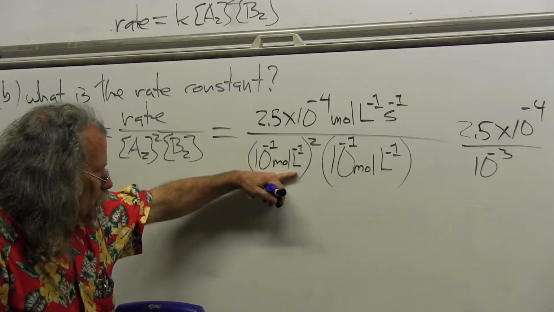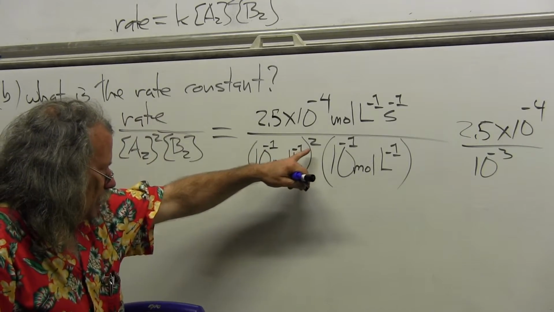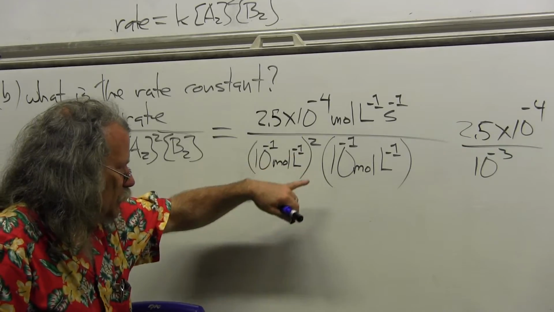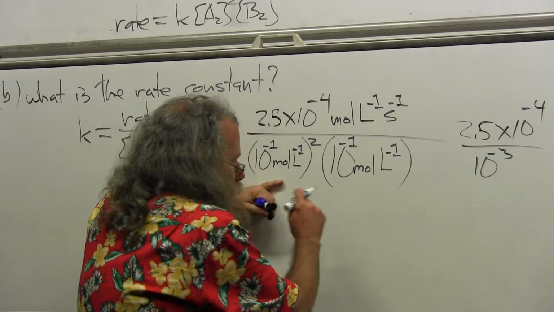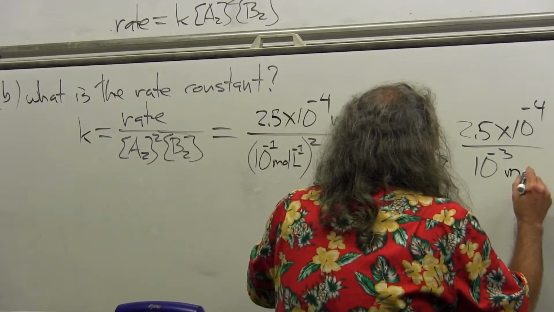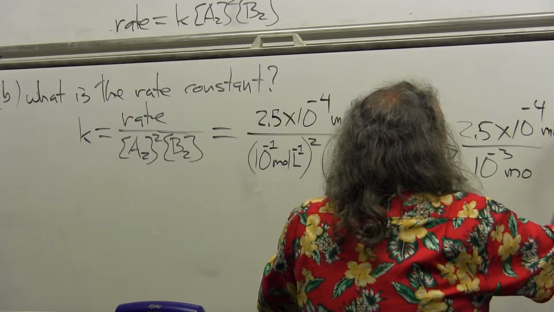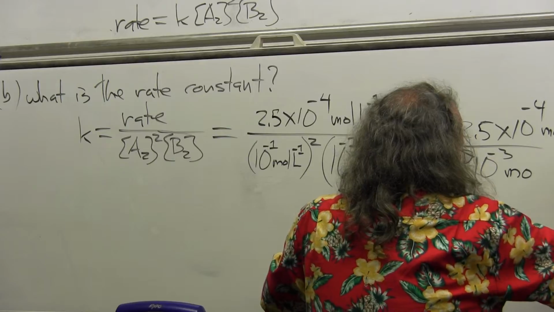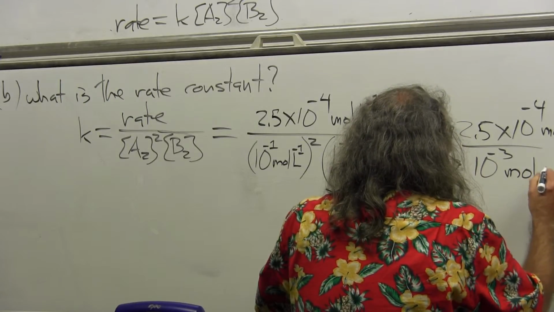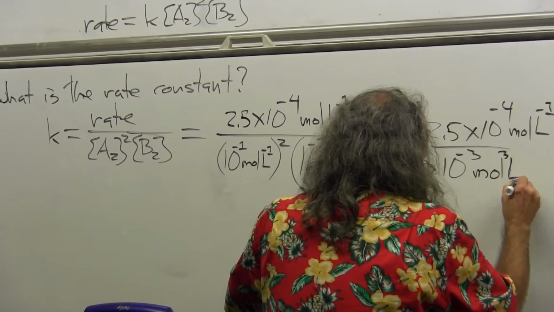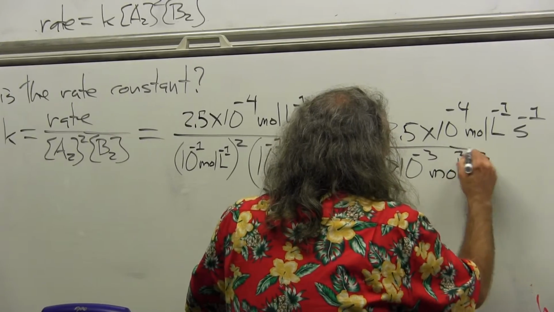This is moles per liter. That's squared, so it's moles squared per liter squared times moles per liter. So it's moles cubed per liter cubed.